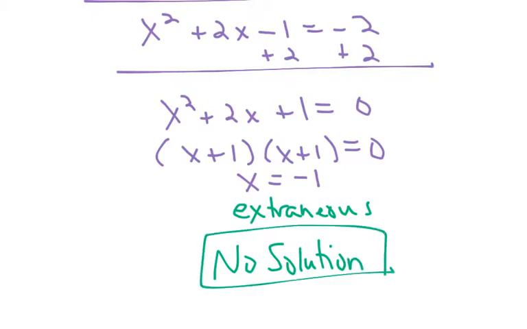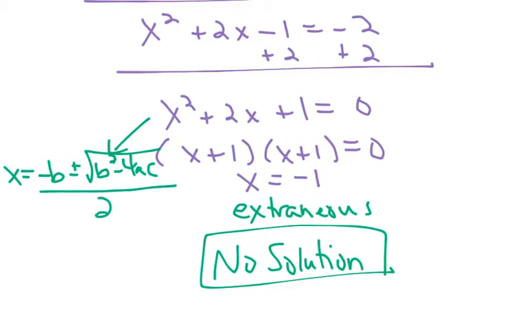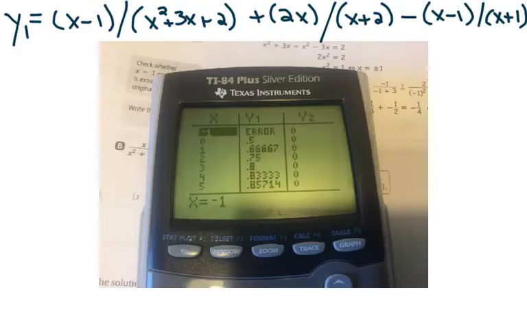Now, just as a side note, if you are having trouble with factoring, you can also go back to the quadratic formula. X equals negative b plus or minus the square root of b squared minus 4ac all over 2a. And it would have given you the same answer. Here at the top of the screen, I showed you how I plugged it into my calculator.